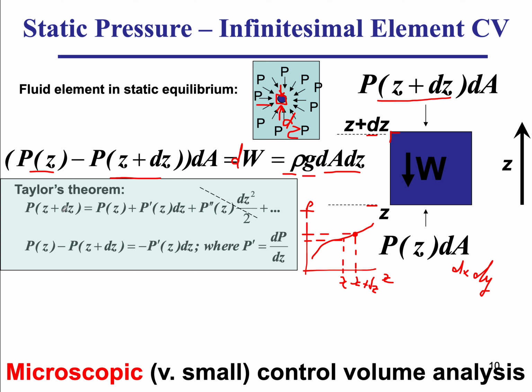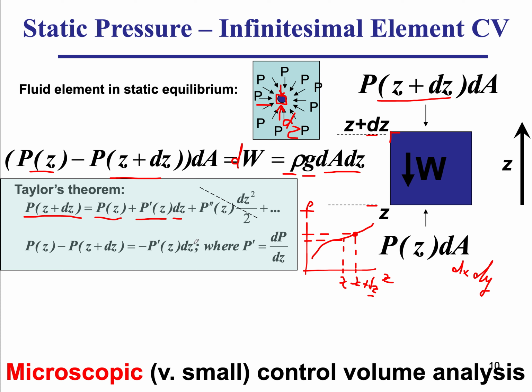And here my function f is the pressure. So here my p at z plus dz is just the value of the function at z plus the slope of the function with respect to z multiplied by this little delta z, and then you have an infinite series of higher order terms that we are going to ignore.